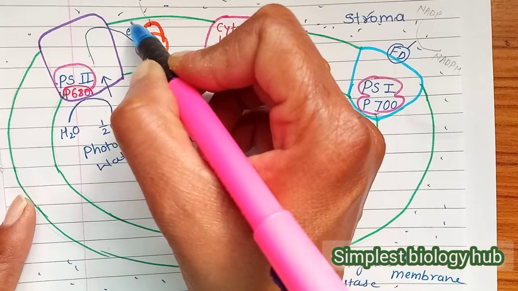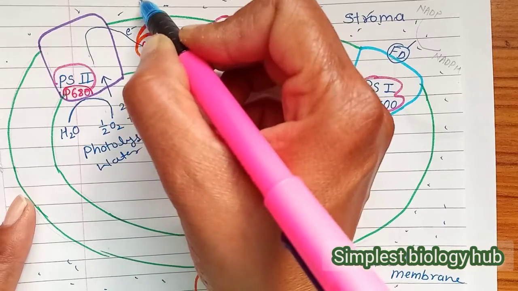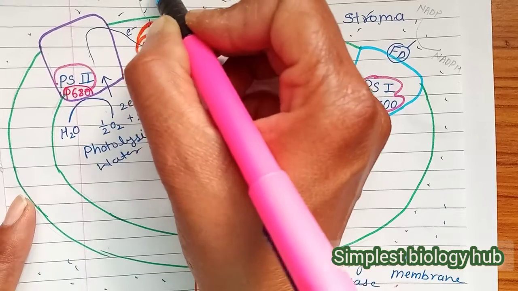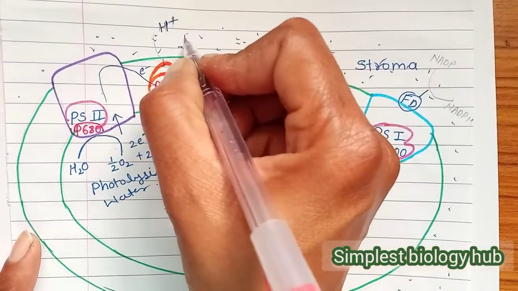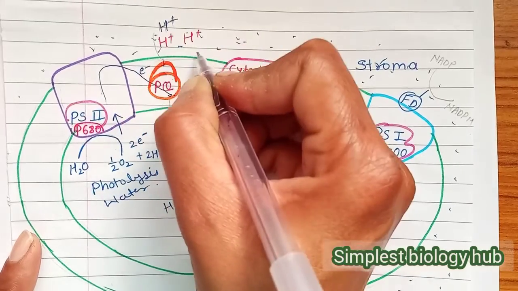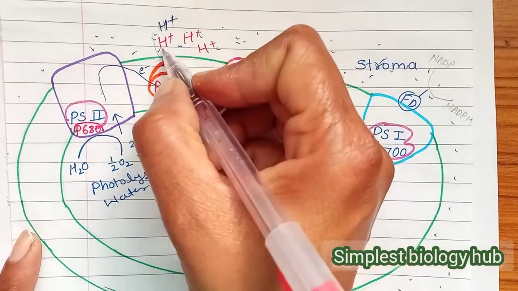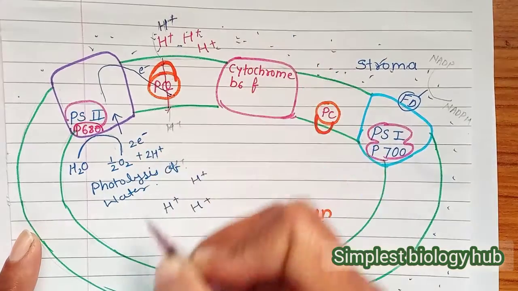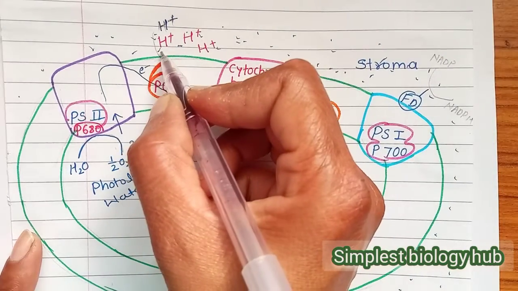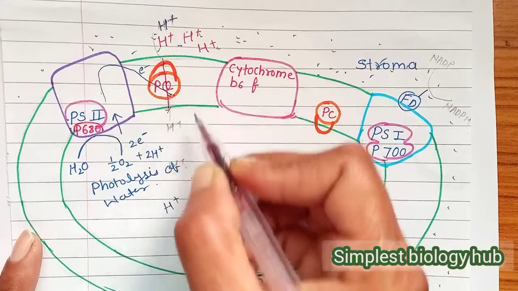So when the electrons come to the plastoquinone, it accepts the positively charged H plus ions which are already present in the stroma region of the chloroplast, and moves them inside the lumen because it is attached on the outer side of the membrane.